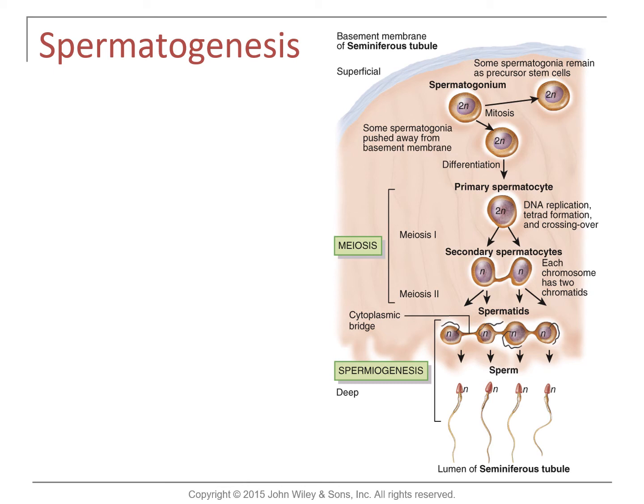We'll talk about that later. Now, during this step of meiosis 1, each primary spermatocyte divides into 2 haploid secondary spermatocytes.